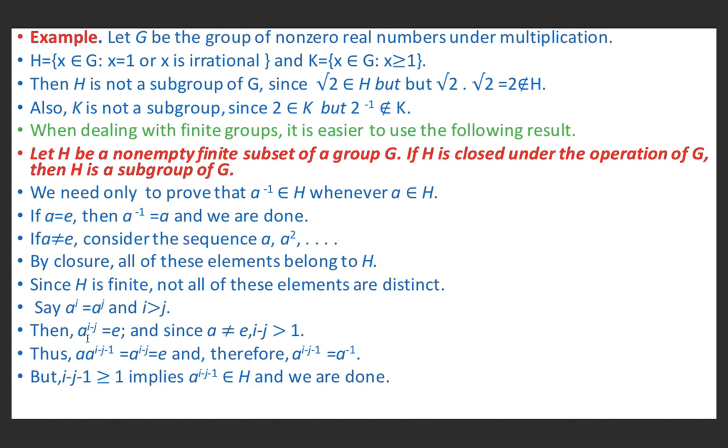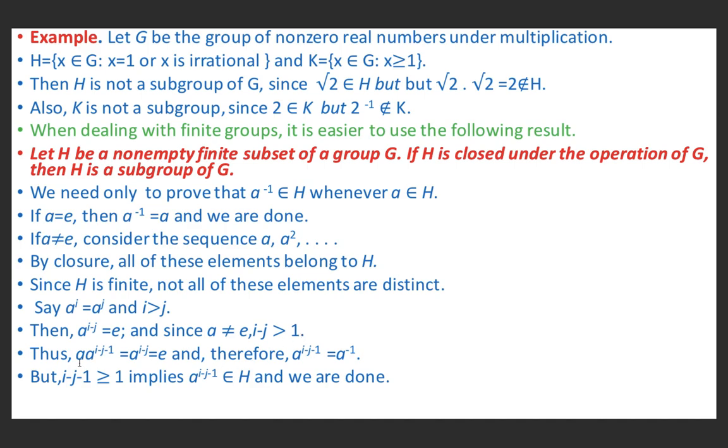It means A^(i-j) is equal to E. I have multiplied both sides by A raised to the power minus j. So it is A raised to the power i minus j, and A raised to the power j minus j means the identity element. Since A is not equal to E, i minus j is greater than 1.